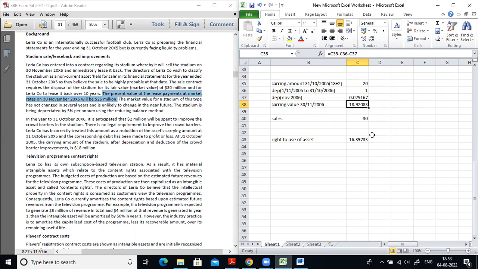Now, will you try the next step? What will be the profit on disposal? How much amount we should consider? What will be the profit on disposal? Because profit on disposal should be computed only on the unretained part.